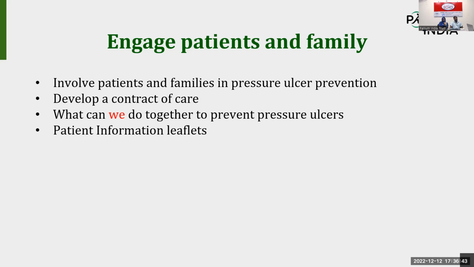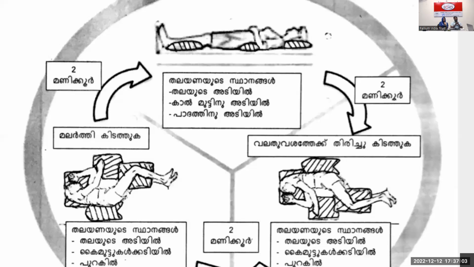Then patient information leaflets. What are the pressure-prone areas? What are all the things we need to do for bedbound patients? Everything for their knowledge, in their language, we will prepare on a leaflet. For example, I am showing this. Actually this one is in our mother tongue, Malayalam.